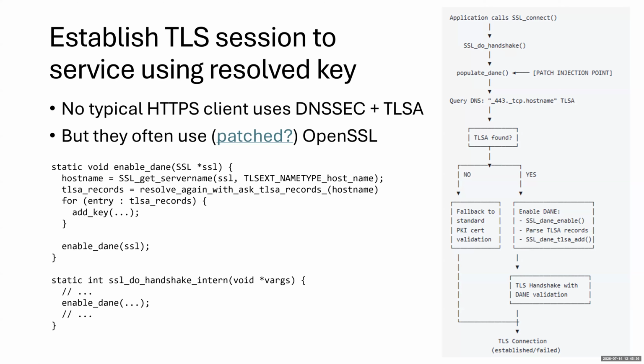Using that patch, you can hook up to a call that enables DANE. If you want to enable DANE for your client, which is a prerequisite for this, then we will hook up a callback that will go and discover the TLSA record for the target every time you try to connect, get the key from there, and then pin that for the connection going forward.